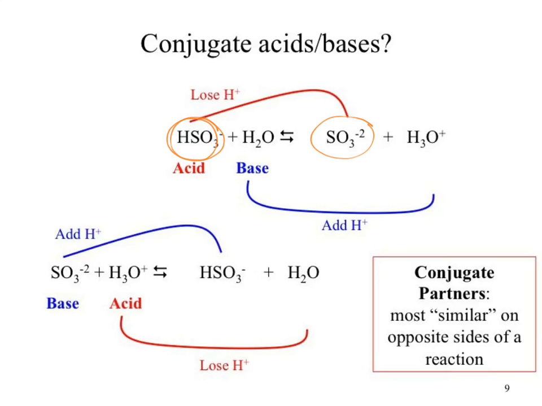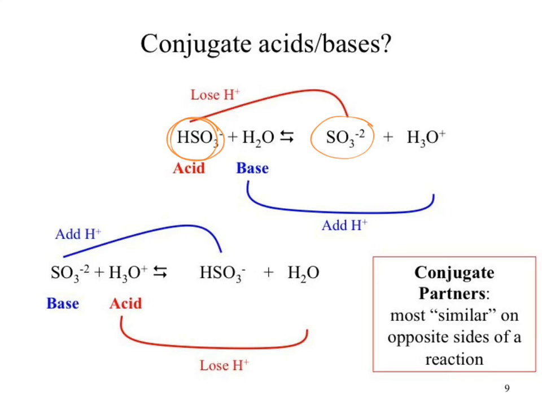We can now refer to those two compounds as conjugates of each other. Think of it as conjugal visits. Okay? In a conjugal visit, typically you're only allowed to be with people you have some relationship with. So we're looking at those two as our conjugate partners. HSO3 minus acted as what?